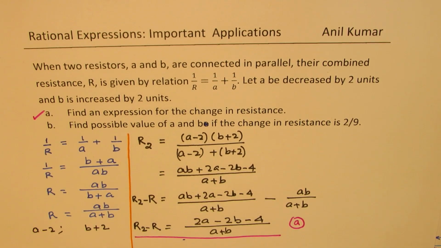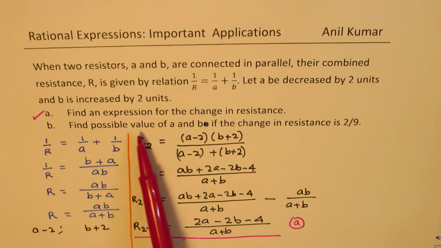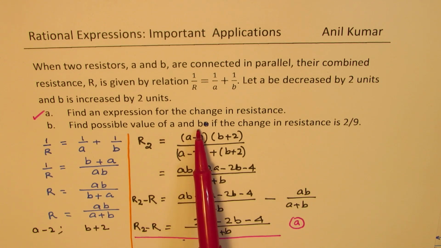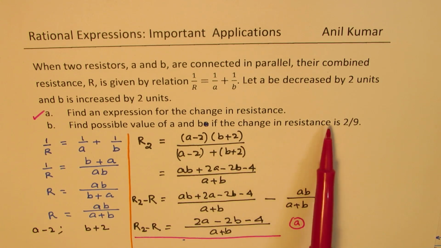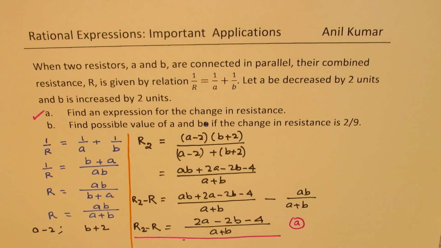Now let's do part B, which says find possible values of A and B if the change in resistance is 2 over 9. I'll take this expression to a new page and then we'll solve.